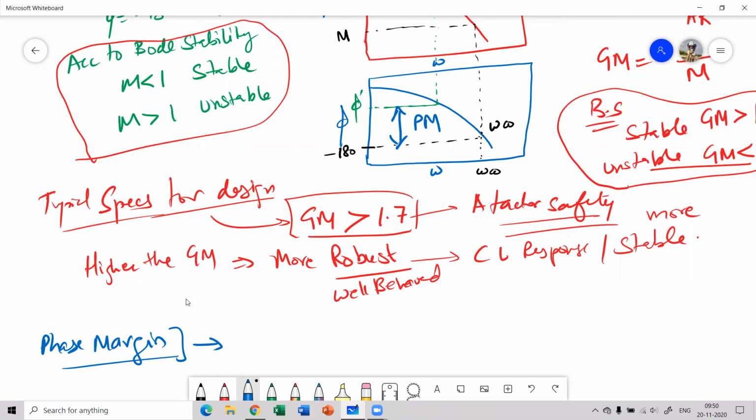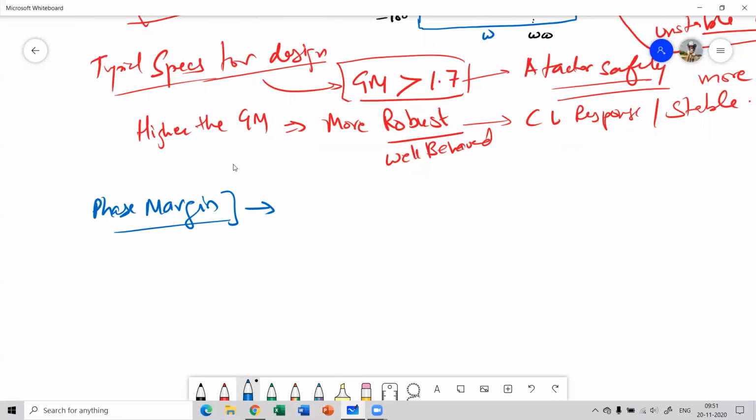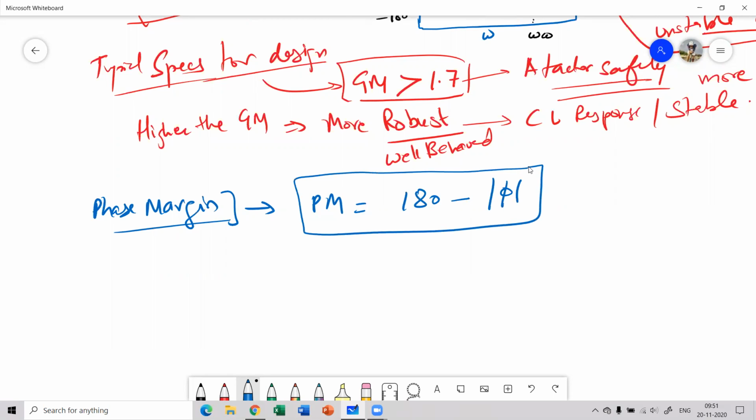The phase margin PM is nothing but 180 minus the mod of φ. That's the phase margin.